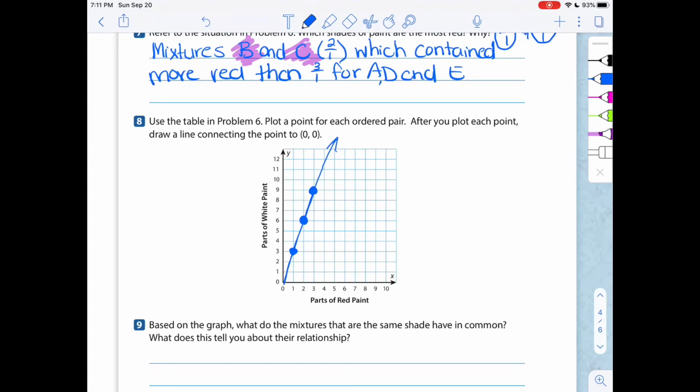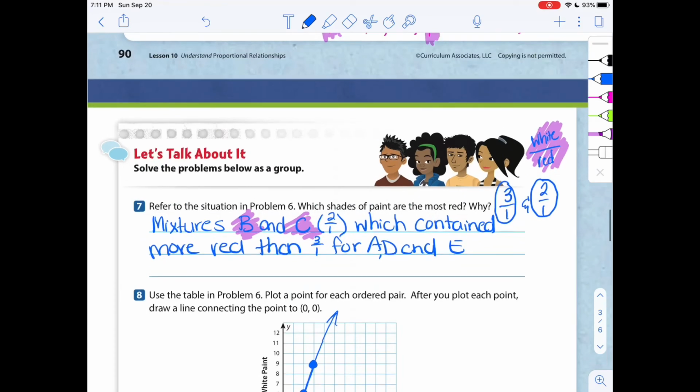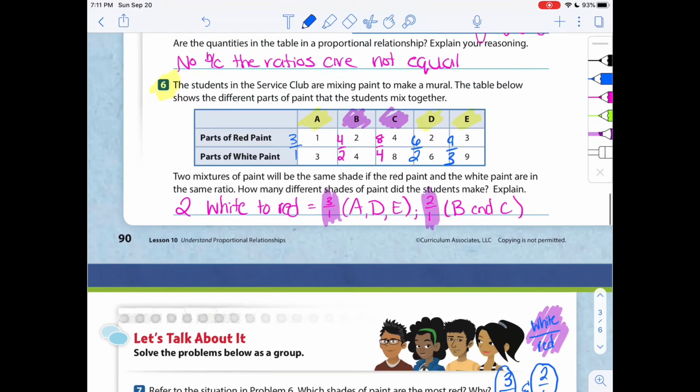Now, you might ask why I only did those 3. If you remember, those 3 from our table were A, D, and E, the ones that had the 3 to 1 ratio. They shared the same ratio, so I plotted those on the same line.